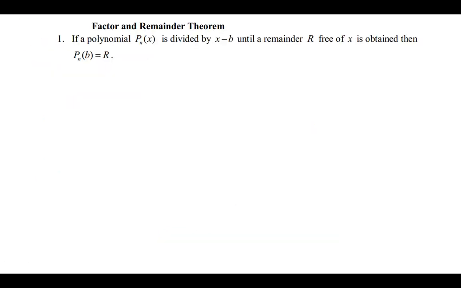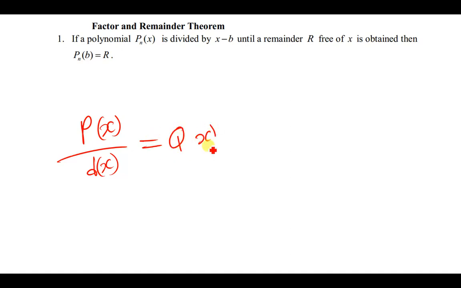Imagine you have a polynomial p of x, and you divide it by a certain function d of x. The answer will be the quotient, q of x, plus the remainder r of x, divided by d of x.